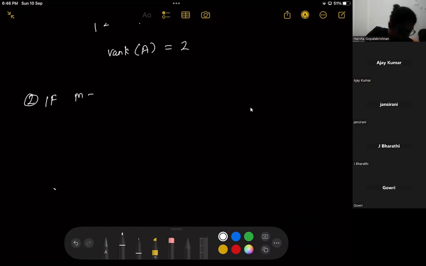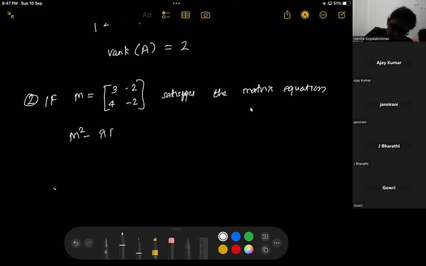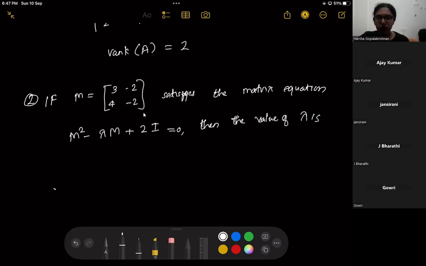If M is given as the matrix 3 minus 2, 4 minus 2, so here the matrix M is given and an equation M square minus lambda M plus 2I equal to 0 is also given.